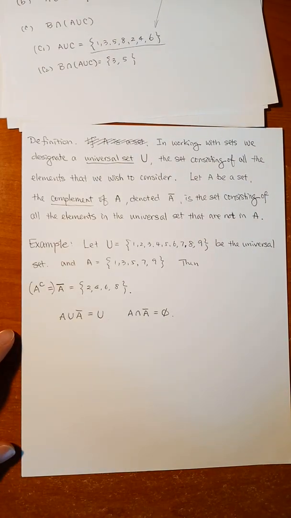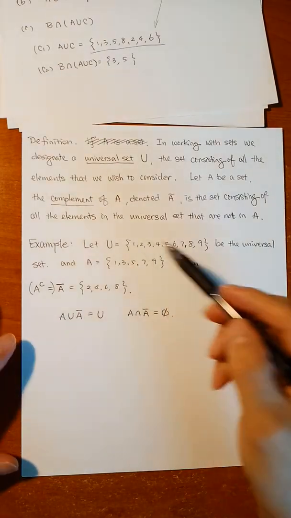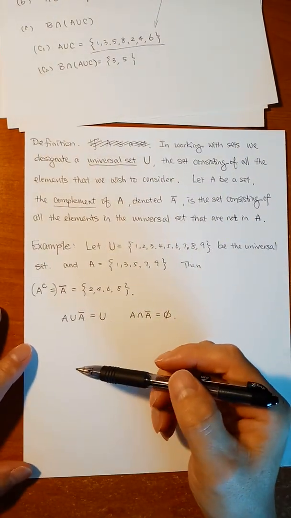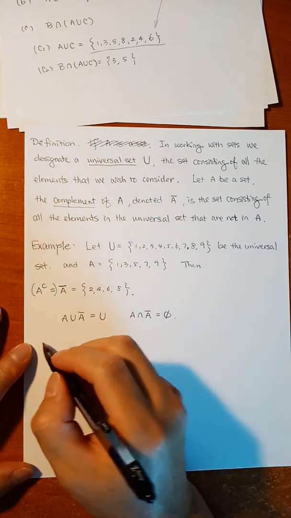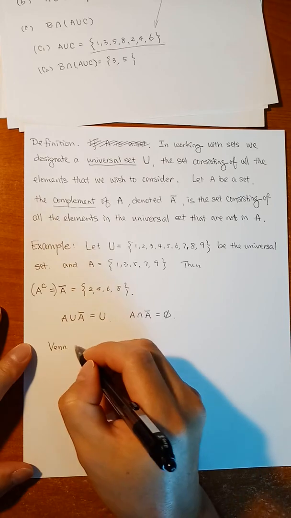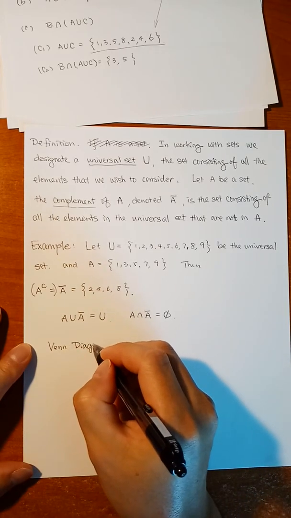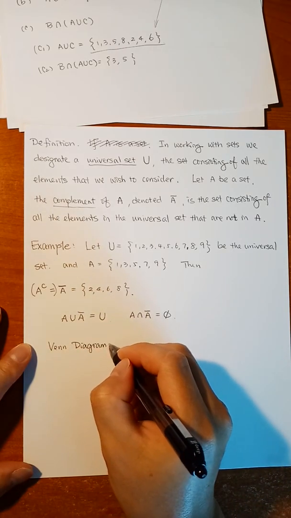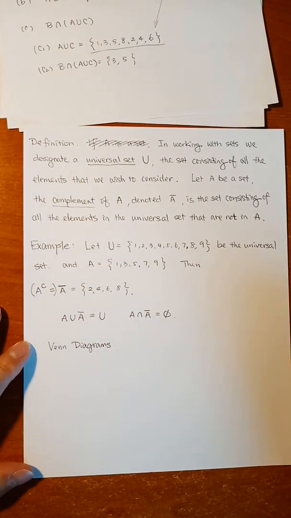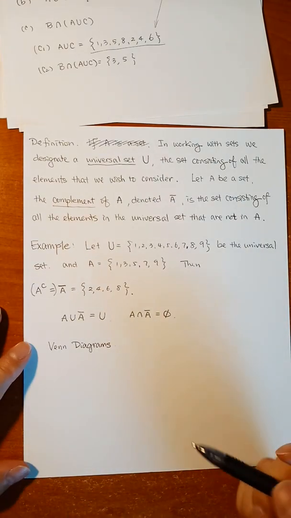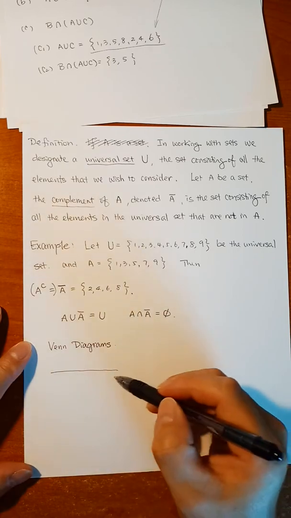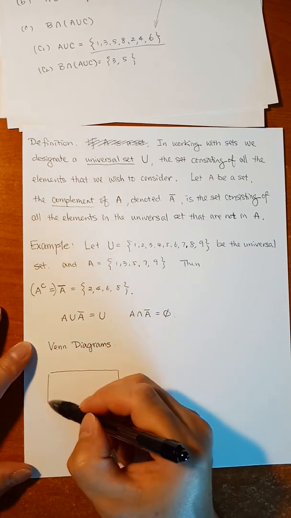Okay, so in the discussion of elements, we have a useful tool. It's called the Venn diagram. What is a Venn diagram? A Venn diagram is used to discuss the universal set, complement, intersection, union. So usually we just draw a slightly large rectangle.